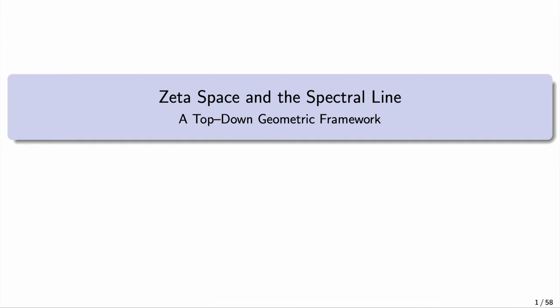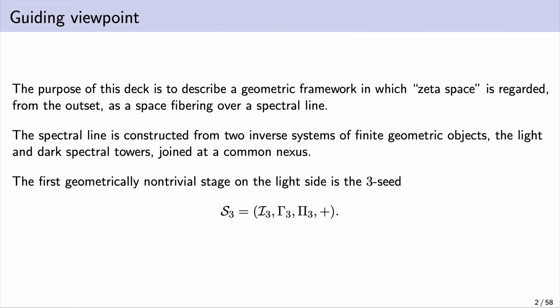Okay, I just want to talk about a top-down geometric framework involving zeta space and the spectral line. So the guiding viewpoint is a geometric framework where this quite mysterious space, zeta space, is regarded as a fibration over this thing called a spectral line, which I'll get to in a moment.